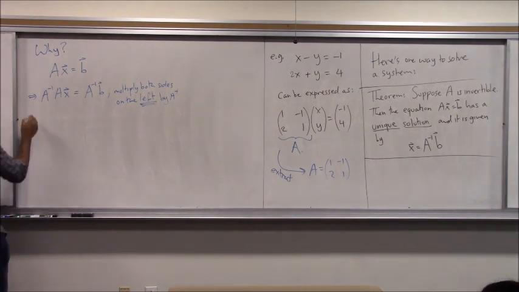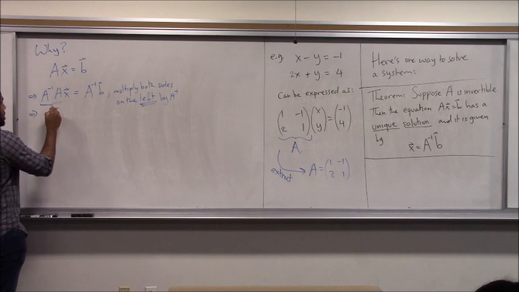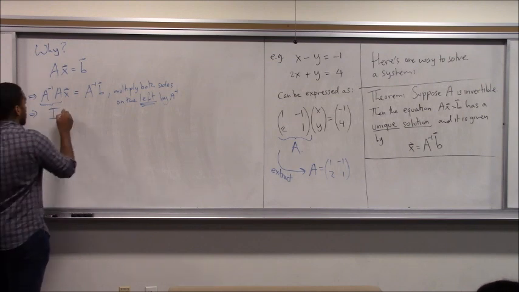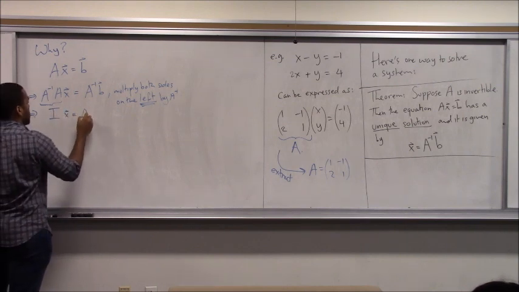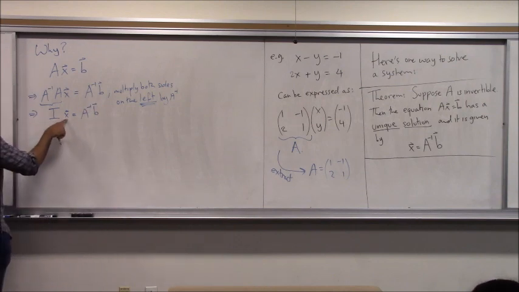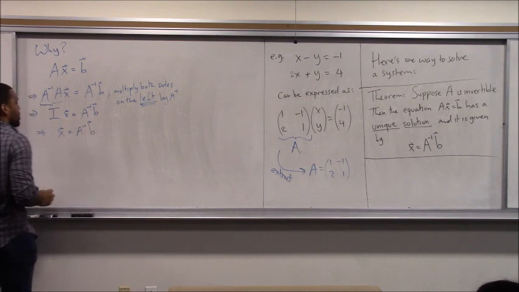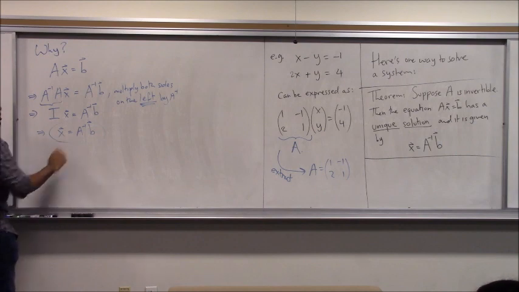Now what's going to happen? Well, A inverse times A is the identity matrix. And the identity matrix times any other matrix is just the matrix itself. And so I end up with X must be that expression.